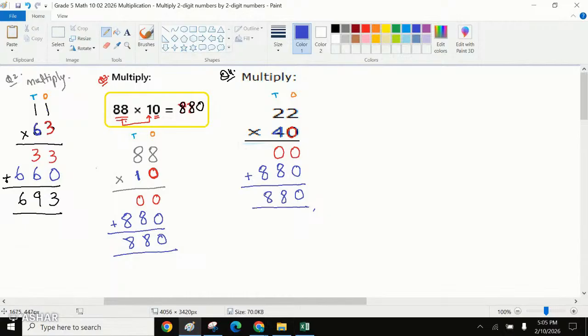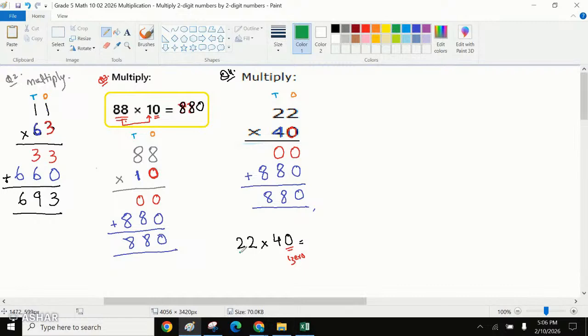Another way of doing this would be: 22 multiplied by 40. How many zeros are there? 1 zero. Agreed?